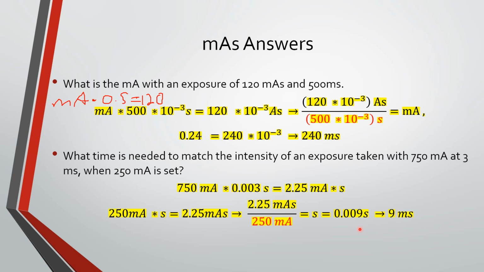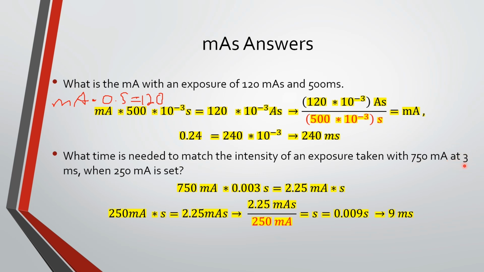If we think about this intuitively, since these numbers are relatively nice, we have 750 mA and 250 mA, which is a third of the mA. 250 plus 250 is 500, plus 250 is 750 mA. So we decreased the mA by a third, and we would naturally need to increase the time by 3.